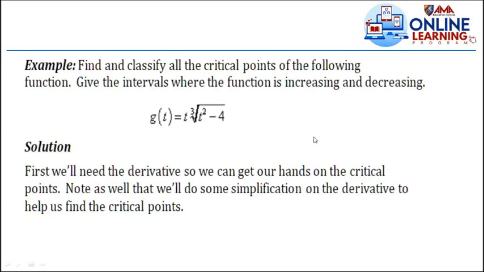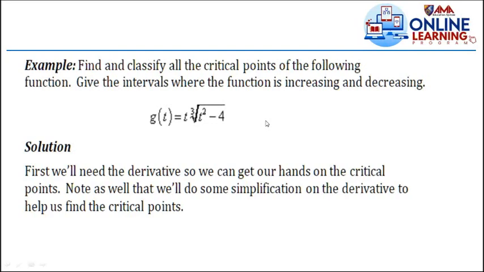So example here, find and classify all the critical points of the following function, given the intervals where the function is increasing and decreasing. g of t is equal to t times the cube root of t squared minus 4. And if we're going to look at our equation, we have here a combination of a product rule.